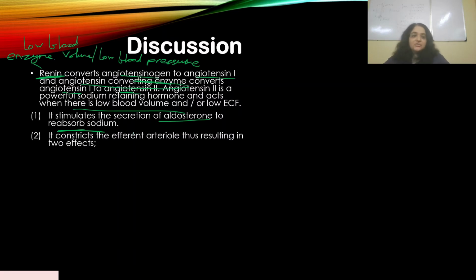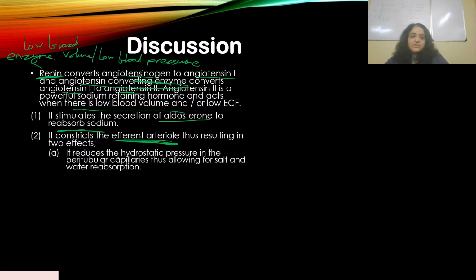Second, a very interesting function it does is it constricts the efferent arteriole. In ANP we saw it vasodilates the afferent arteriole. Over here it constricts the efferent arteriole, thus resulting in two effects.